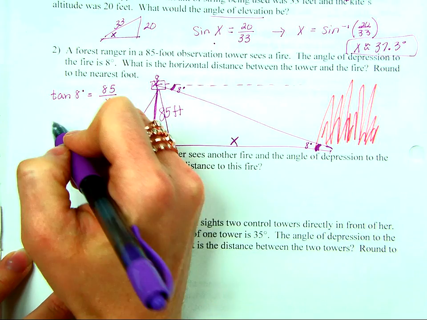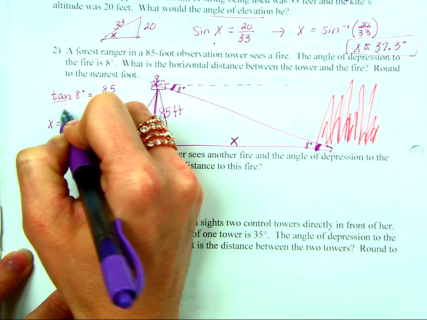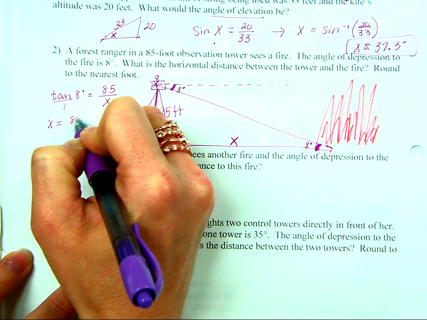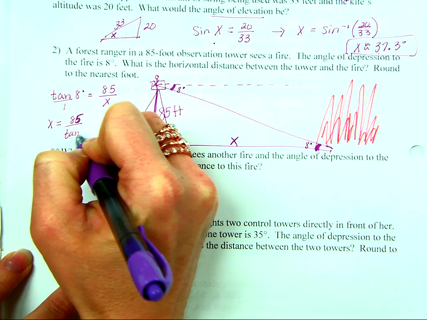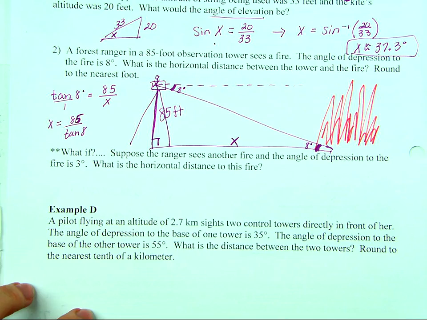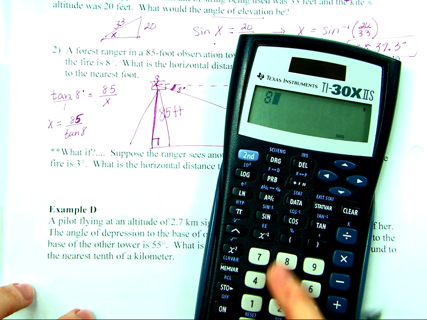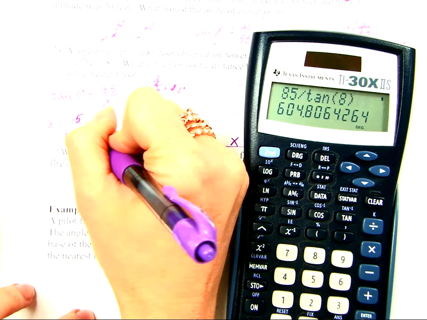My cross products would tell me that x is going to be 85 divided by the tangent of 8. And so then we would simply calculate to the nearest foot, 85 divided by the tangent of 8, and it's about 605 feet.